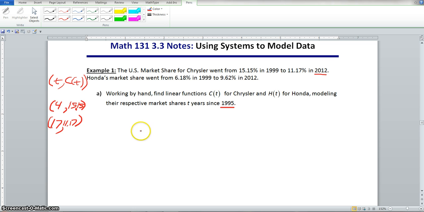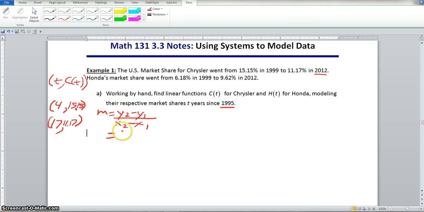Now, what we want to do next is find the slope. Now, you know the slope formula. Slope is equal to y sub 2 minus y sub 1 all over x sub 2 minus x sub 1. Okay, now we substitute in our values.